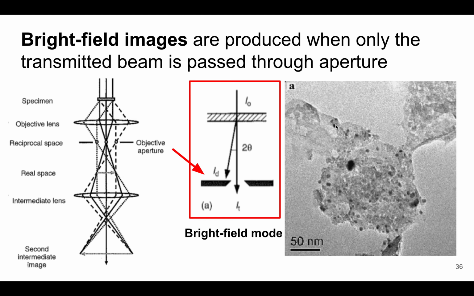These dark spots are actually nanoparticles. These nanoparticles are diffracting because they're crystalline, and therefore that is the section that's diffracted, and so it doesn't make it past the aperture, and so it appears darker. That's how Brightfield images work in general.